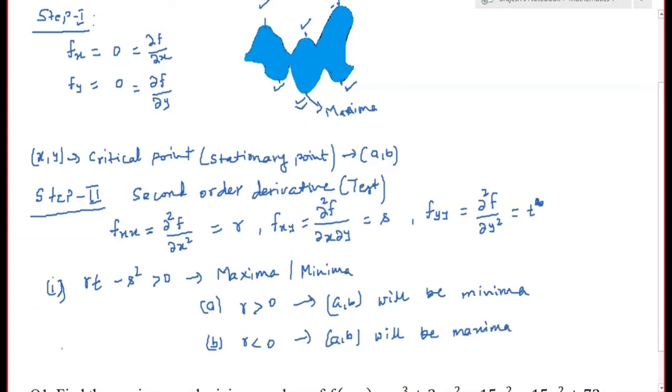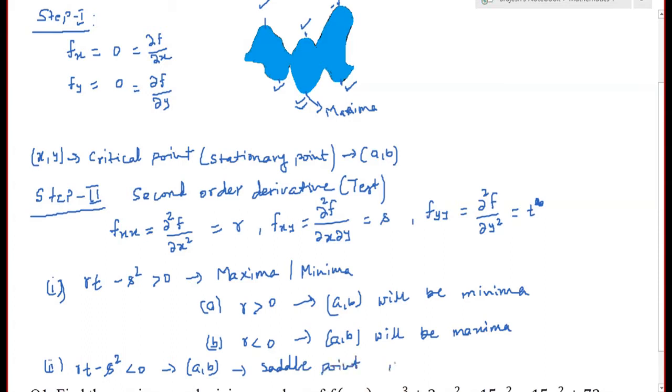The next case, if rt minus s square is negative, less than 0, there is no need to go for the second order derivative r. We can say (a, b) is neither maxima nor minima; it is known as a saddle point.